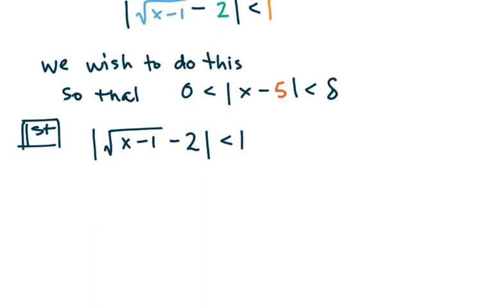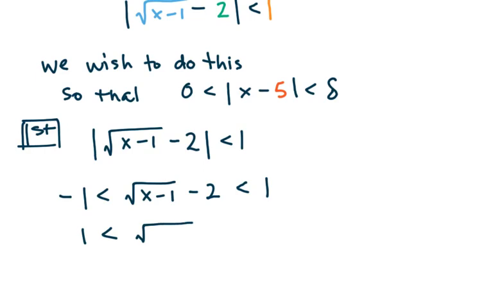Because keep in mind, 5, that value we're approaching in our limit, it's possible for it to be not defined or undefined. So solving an absolute value inequality, I'm going to put -1 on the left. That gets rid of my absolute value bars. I can add 2 to each side. That gives me 1 is less than the square root of x minus 1, which is less than 3.